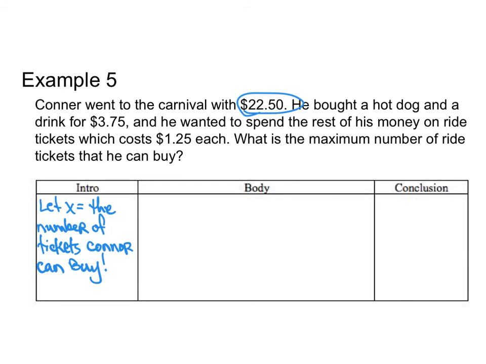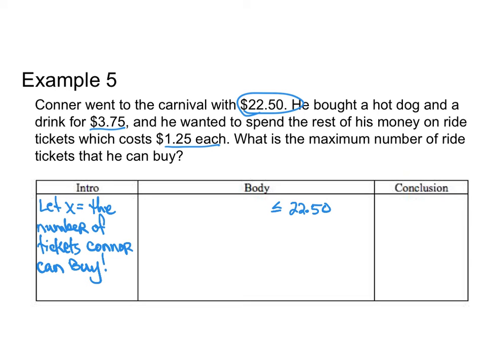He starts with the $22.50. He buys the $3.75, and it's $1.25 per ticket. All of that has to be less than or equal to the $22.50, so he can't go over it.